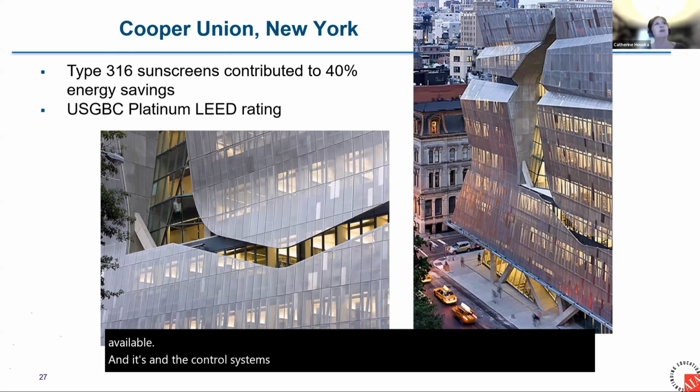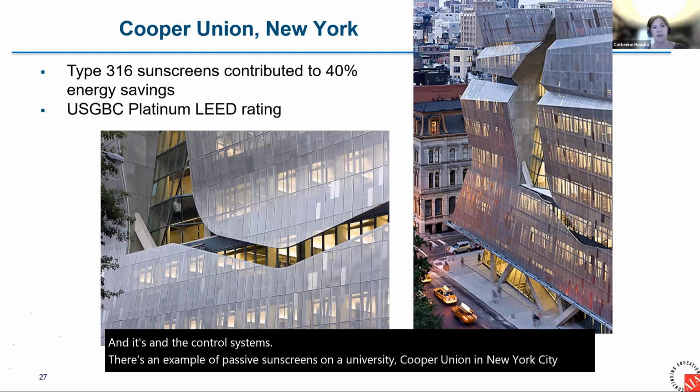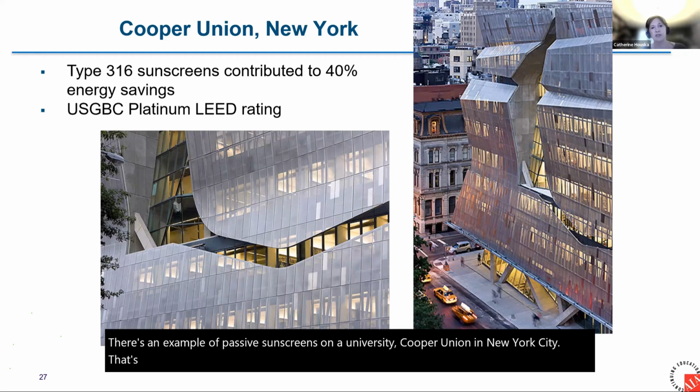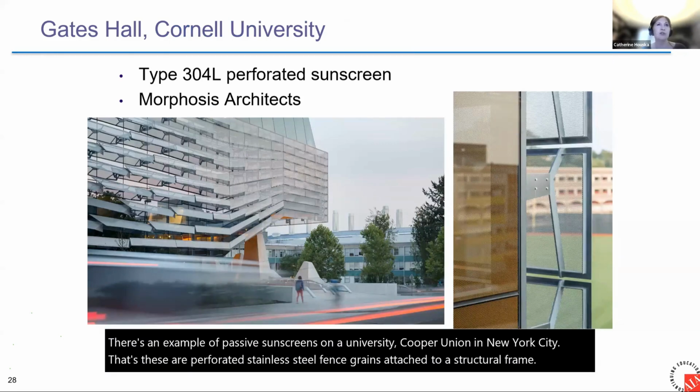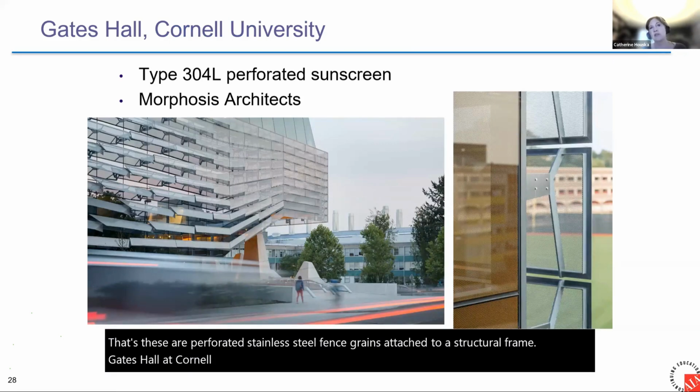Here's an example of passive sunscreens on a university, Cooper Union in New York City. These are perforated stainless steel sunscreens attached to a structural frame. Gates Hall at Cornell University, you can see more perforated sunscreens and the frame to which they are attached.